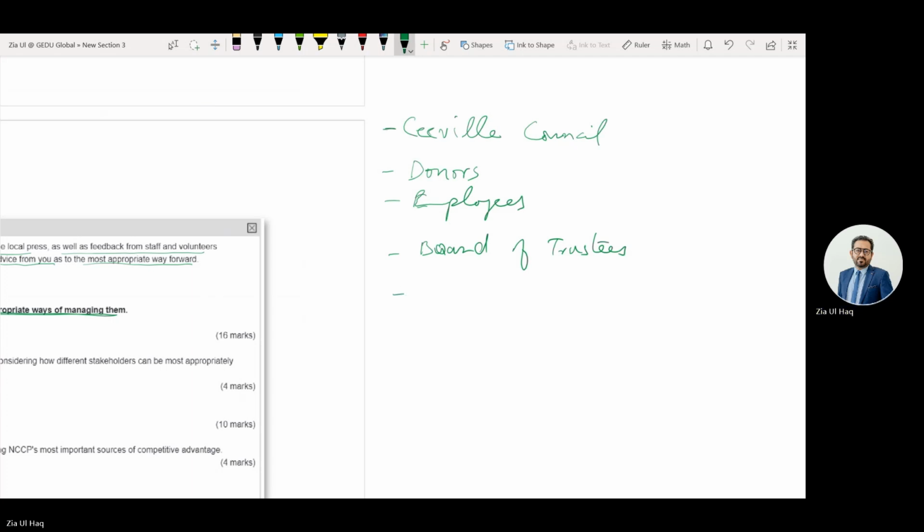Who else? Participants, students. Who else? Is there a role of any government? Yes, the civil council, that is the Savile Council, from where you are getting your funds. Who else? Company management, board of directors, including the CEO. Who else? Local community of Savile.